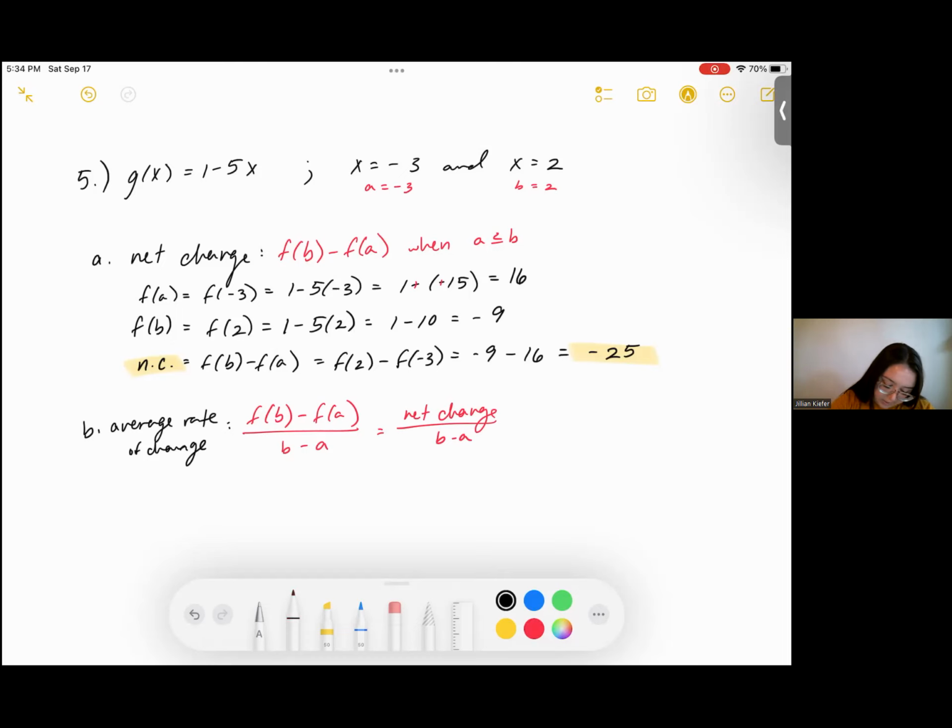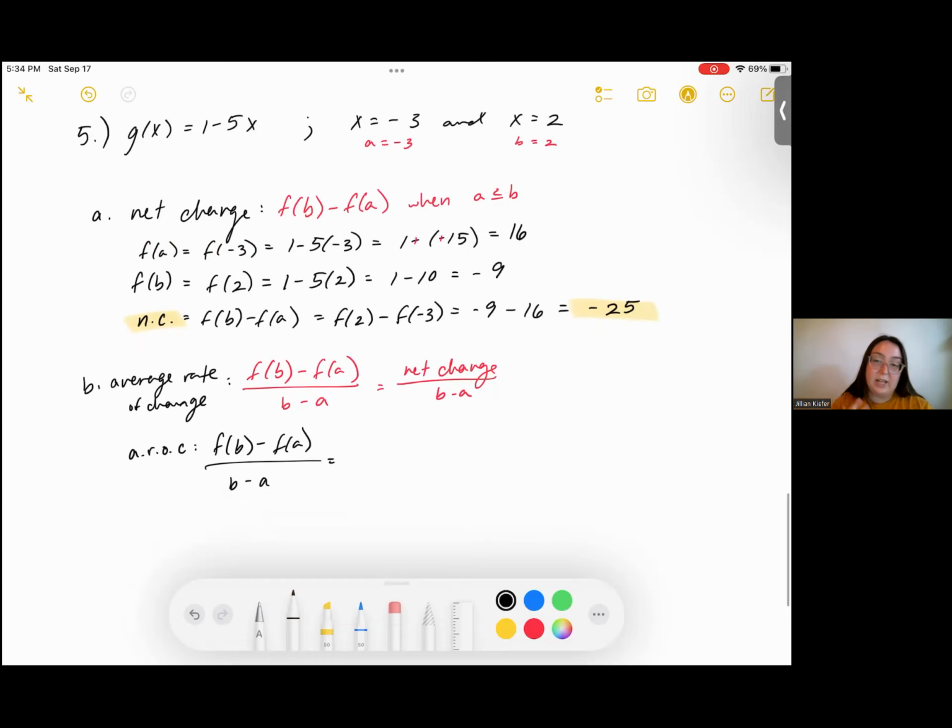So for us, our average rate of change, which is f of b minus f of a, divided by b minus a. We can plug these values back in if we would like, but we'll see the same thing will happen. We'll have net change divided by b minus a.